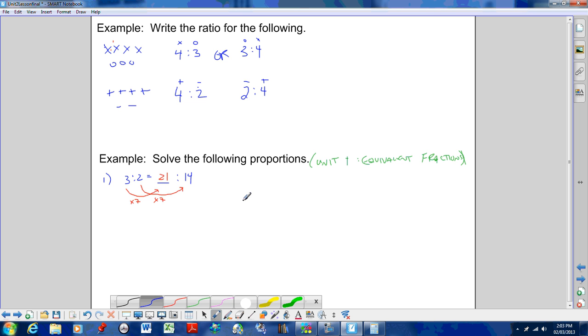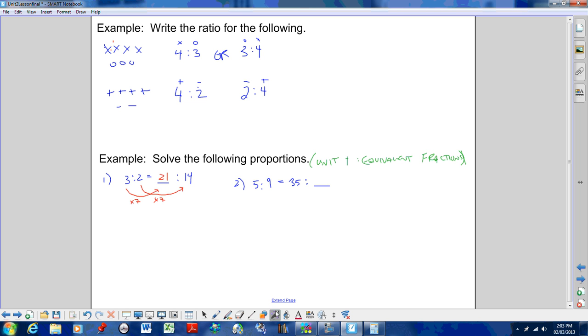For the second example, I'm going to do a couple here just to get the hang of it. What happens if I have 5 to 9 equals 35 to blank? So it's the same thing.